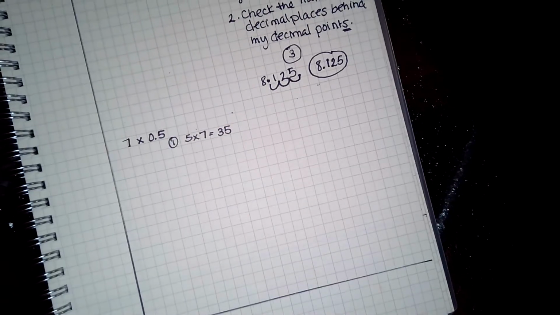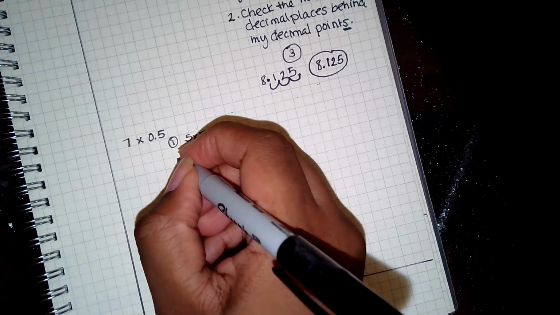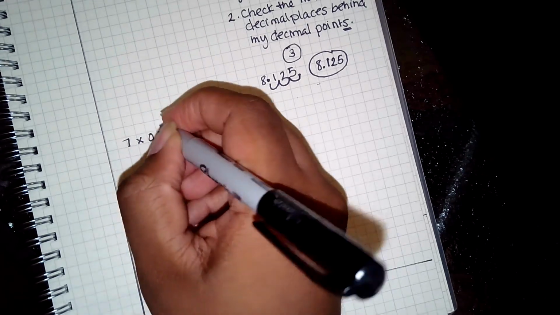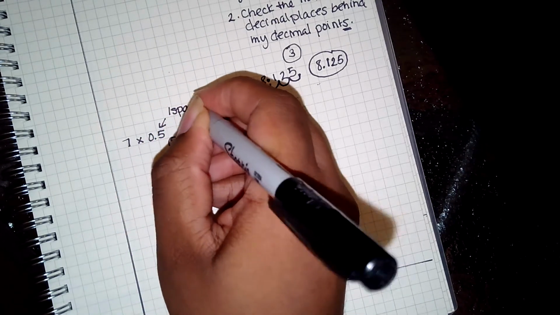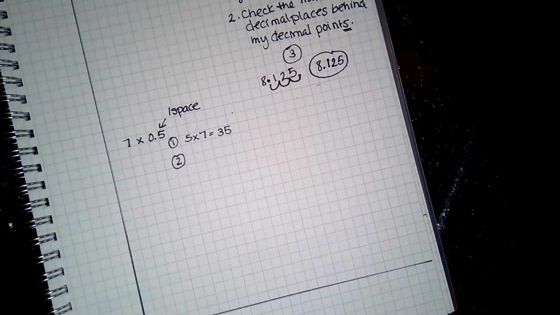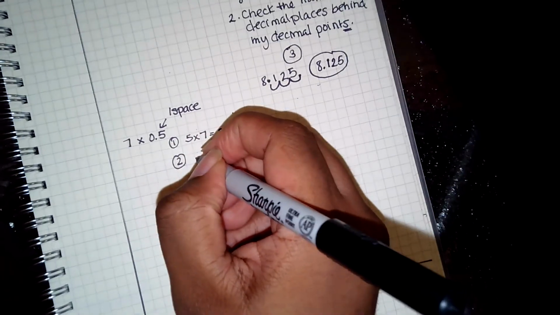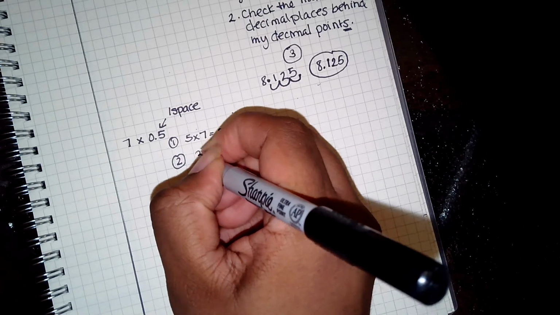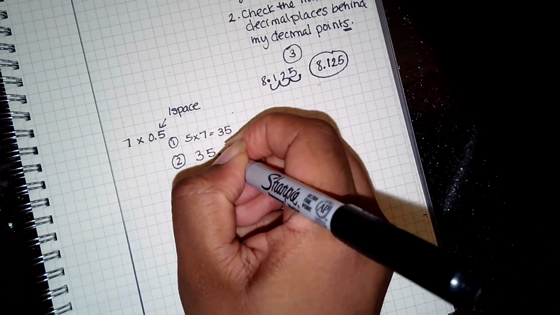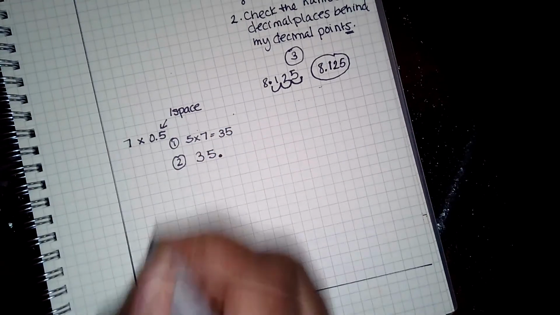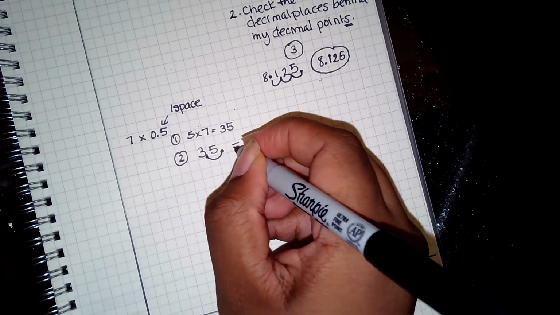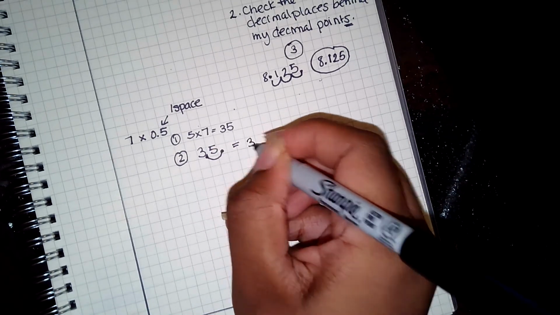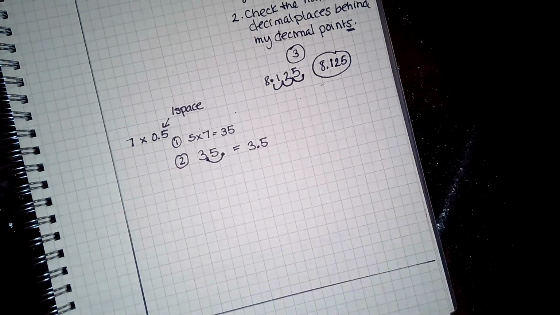Now, how many spaces do I have? I have one space. So I am going to move my decimal over one time. So my decimal starts out behind the 5. I'm going to move it over once. So my answer is going to be 3.5.